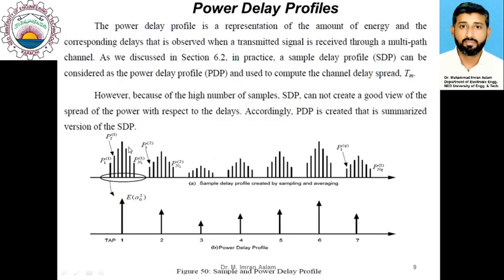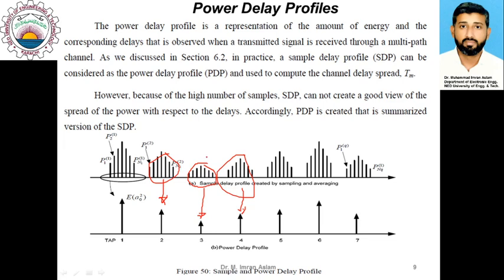This is the representation here. You can see that the multiple samples coming from one type of scatterer are grouped here. We calculate the average effect of this and represent it as a single ray coming from one type of scatterer. Similarly, the other group is combined into a second type of scatterer, the third group is combined with the third one, the fourth group with the fourth one, and so on.